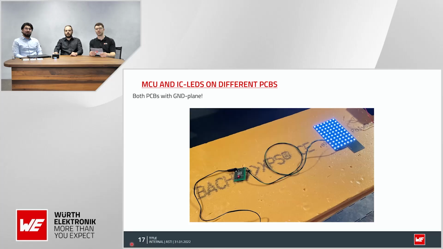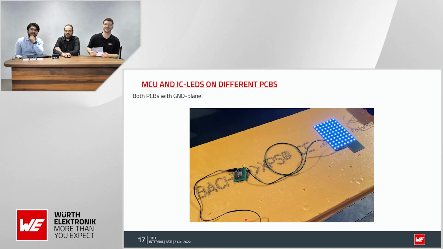Okay, and so what happens when, for example, the customer cannot use the microcontroller on the same PCB? Yeah, that is always a big question, how to do this. So we also tried to do some setup here. You can see I've used the PCB saw and I cut off the MCU here.